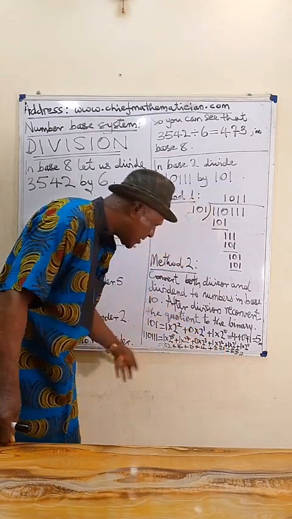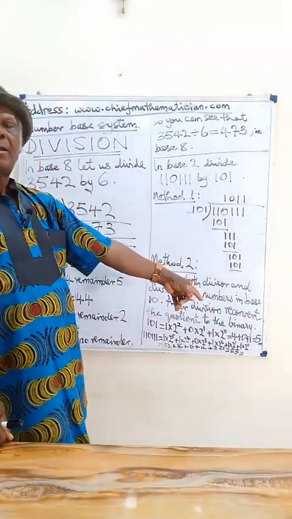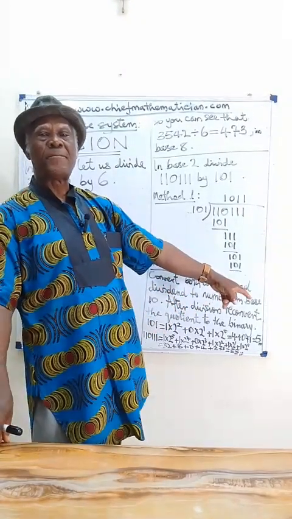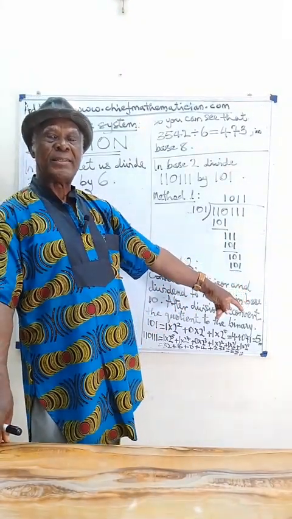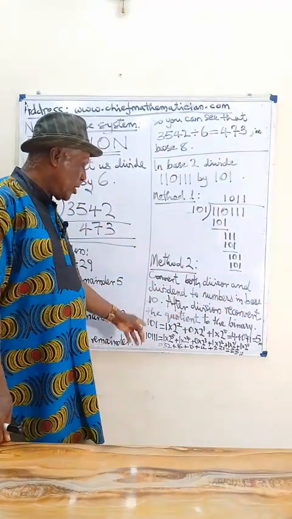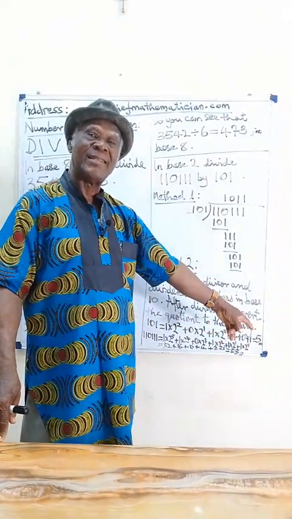And if you add up all these things, you are going to get 55 in base 10. So 101 is equal to 5 in base 10. 110,111 is equal to 55 in base 10.